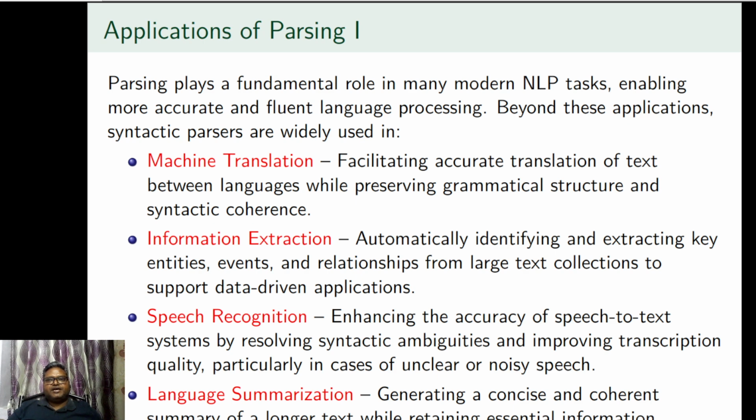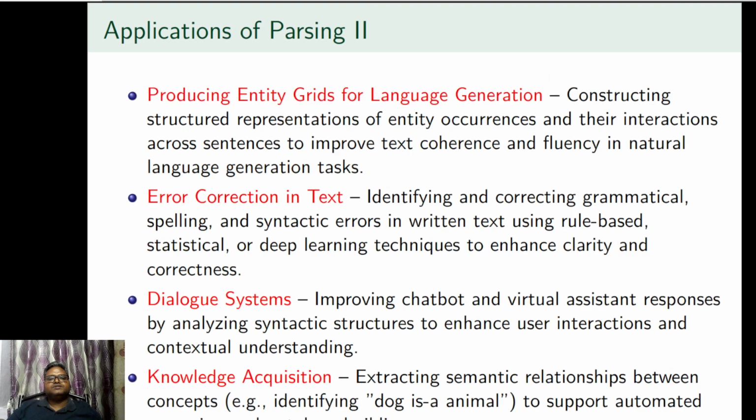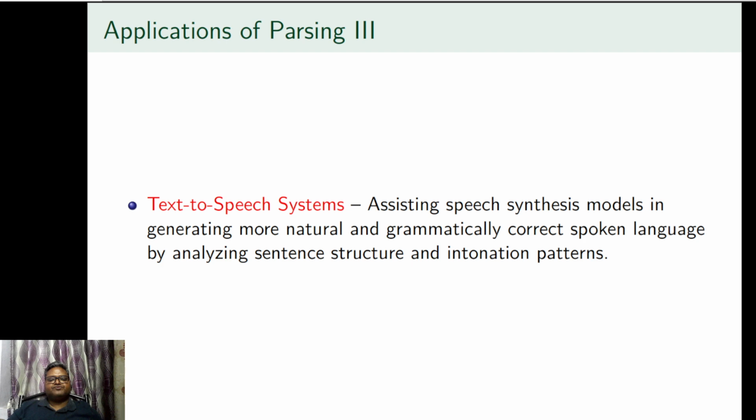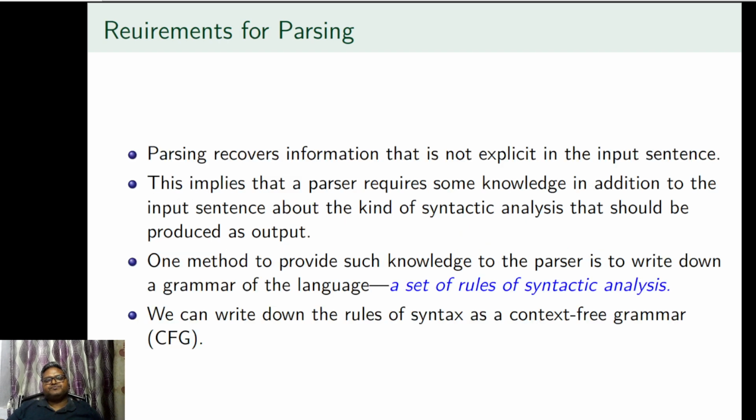So we know that parsing has many applications in machine translation, information extraction, text summarization, speech recognition, error correction in the text, dialogue systems, knowledge acquisition, text-to-speech systems. So what is the requirement for parsing? For parsing, we need a grammar, a context-free grammar.